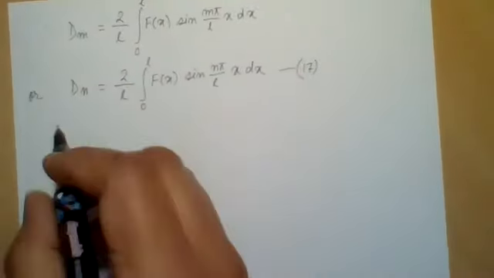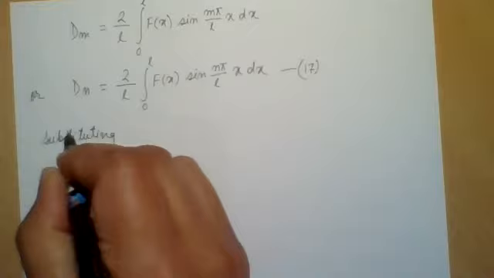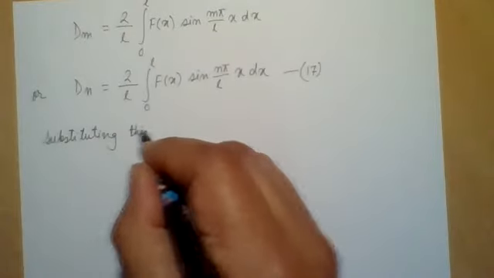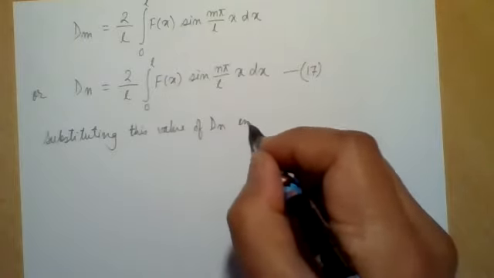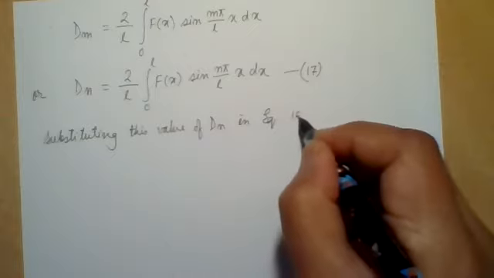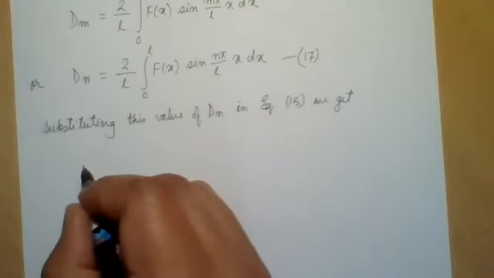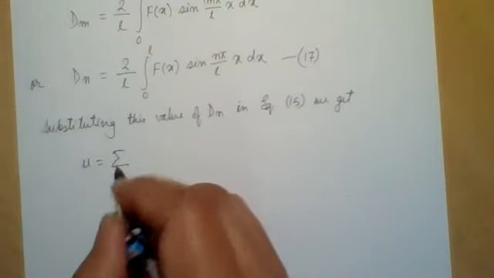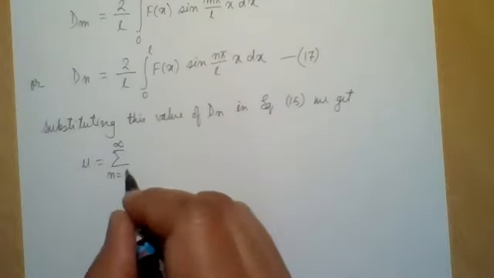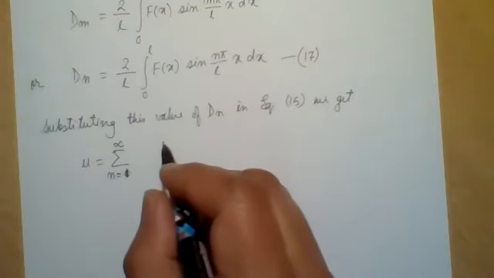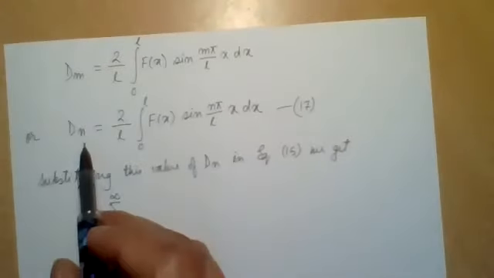So substituting this value of d_n in equation 15, we get u is equal to summation n from 1 to infinity. This is not 0, this is 1 to infinity. And whatever we obtain for d_m here, d_m is this.